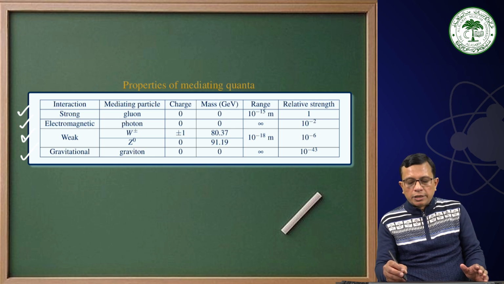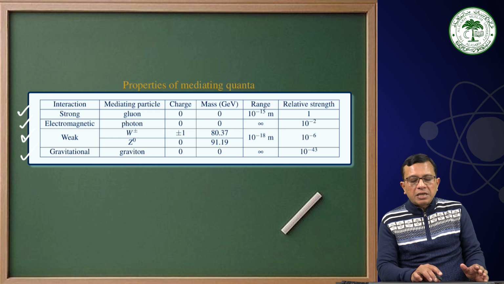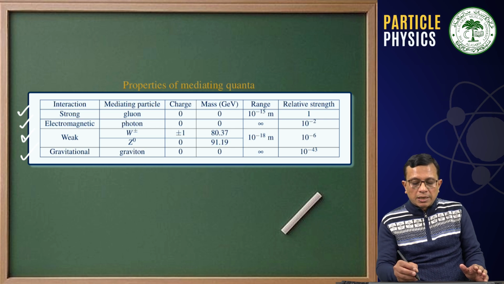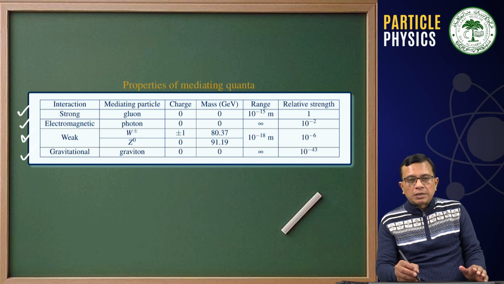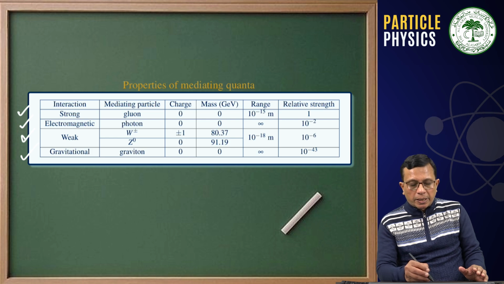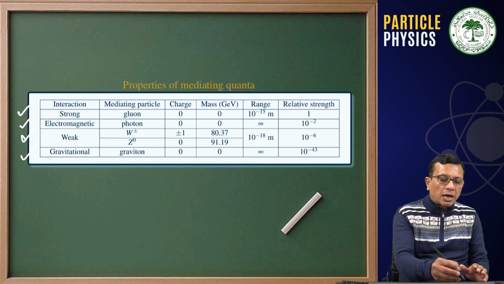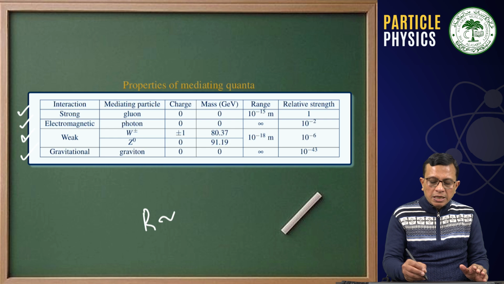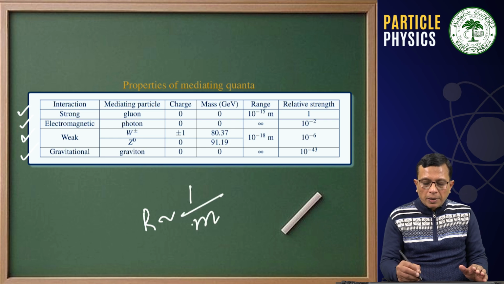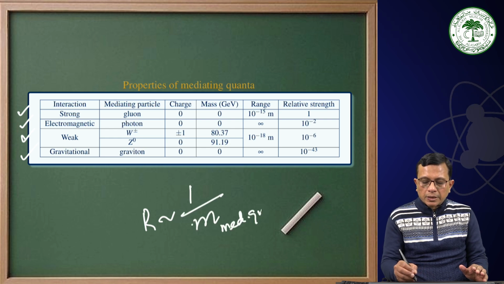Then we have weak interaction, where the mediating quanta are W plus minus and Z0 bosons. These are heavy bosons. As you can see, their masses are 80.37 for the Ws, and for Z0, the mass is 91 GeV. Therefore, they are very heavy particles, and the range of the interaction is inversely proportional to the mass of the mediating quanta.